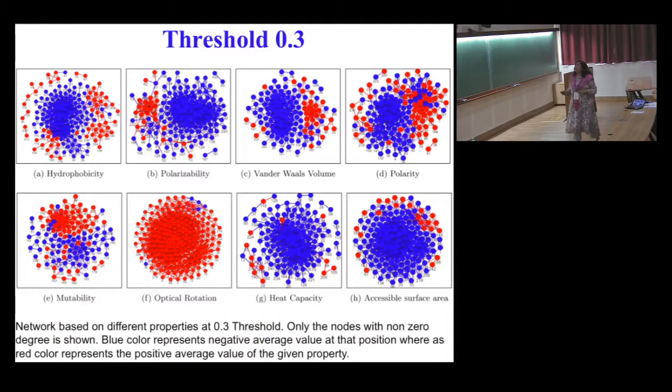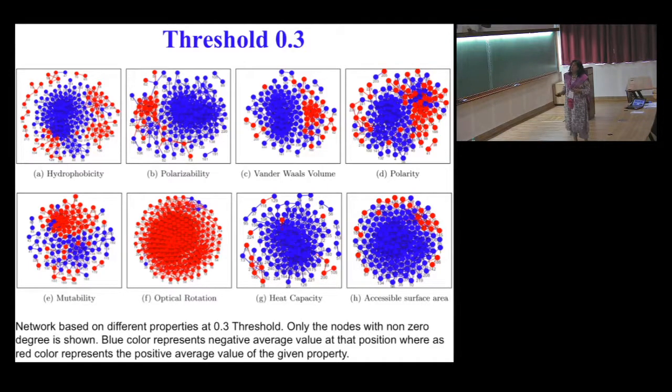So this is a threshold 0.3, and these are the different properties. And this is the network at threshold 0.3 for the different properties. Note that they are very highly connected. This is optical, this is hydrophobicity, polarizability, and so on.